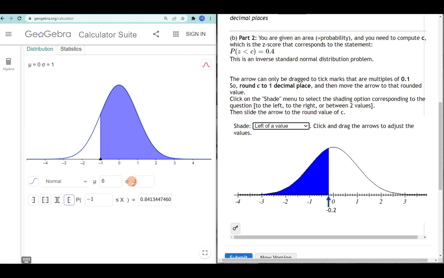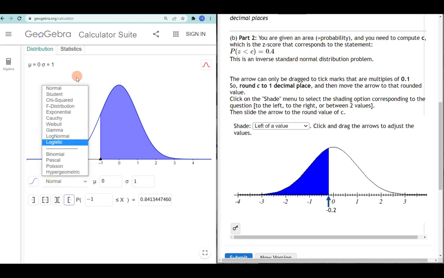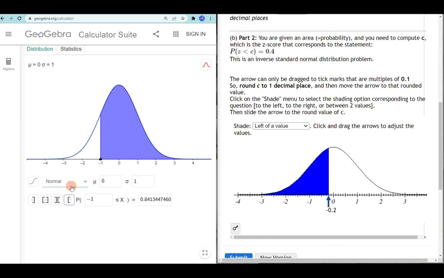To use our probability calculator, the first thing we need to do is make sure that we have it set up correctly. This is talking about normal distributions, so it's good to confirm that indeed normal is selected. And because it is the standard normal distribution, because we're talking about z's, we need to make sure that our mean, signified by mu, is equal to 0, and our standard deviation, signified by sigma, is equal to 1.